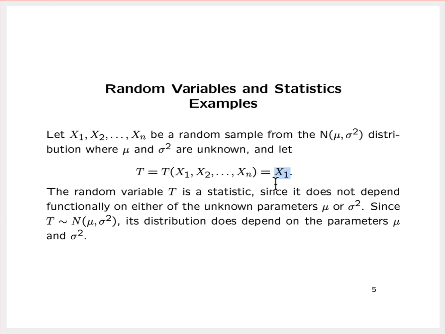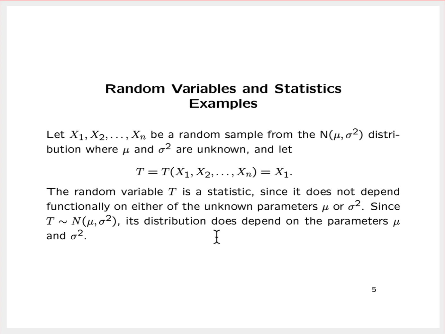This is not necessarily the smallest, it's just the first in the sequence that we've collected. So this function T, which is a function of the n random variables, is equal to x sub 1. Calculating this function of the random sample does not depend on any unknown parameters, and therefore T is a statistic, because the calculation of that function does not depend on either of the unknown parameters mu or sigma squared.